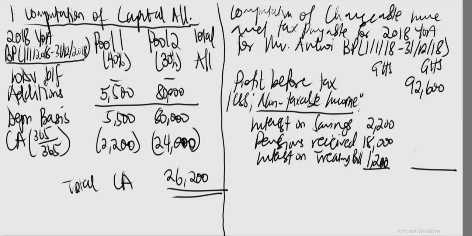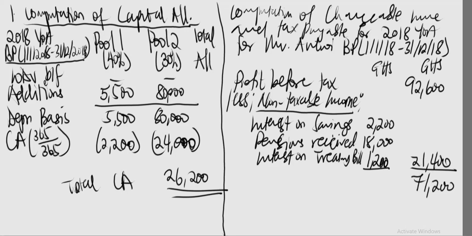So we have a sum of 2,200 plus 18,000 plus 1,200, giving us 21,400. We take out the 21,400 from the 92,600, we end up with 71,200.